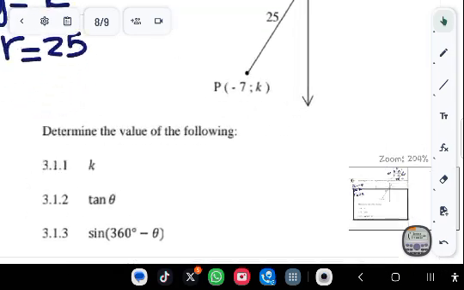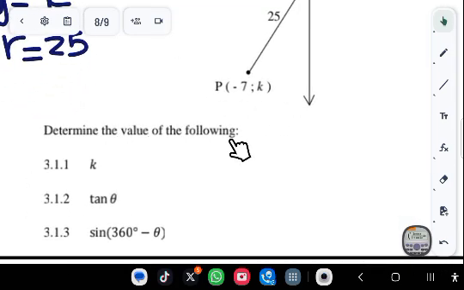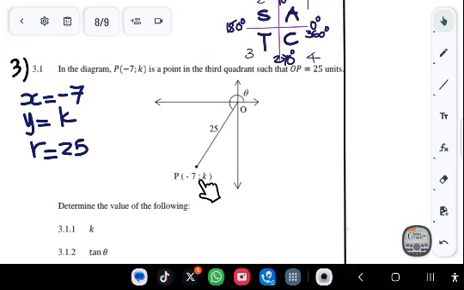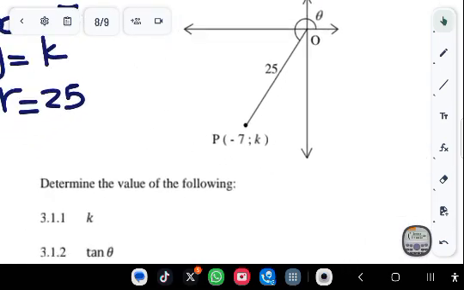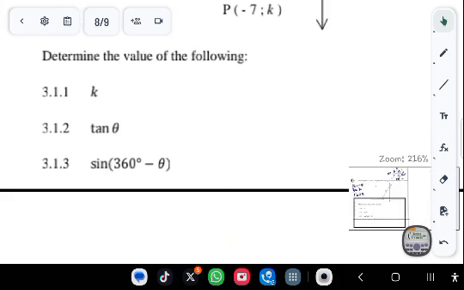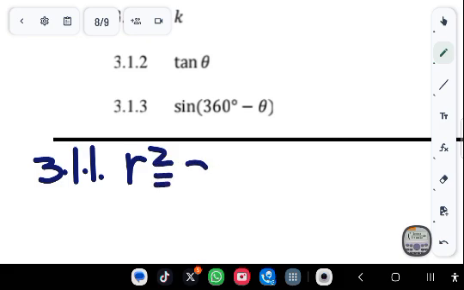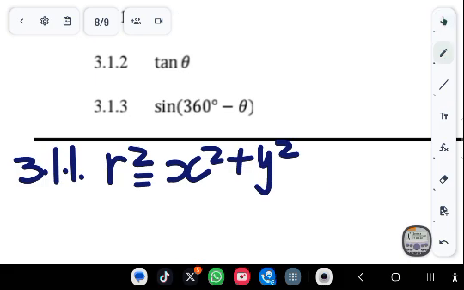Now the question is determine the value of the following. Okay, let's determine the value of k. The value of k is very easy to find. We just use the theorem of Pythagoras to find the missing value. So 3.1.1, r squared equals x squared plus y squared. Now k is y, therefore, okay, let's substitute.